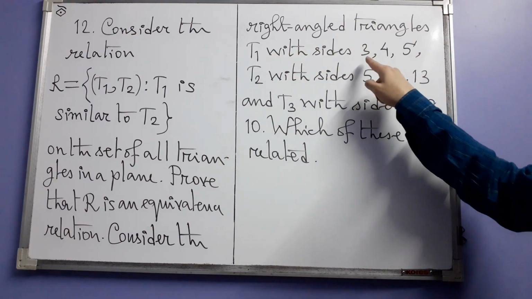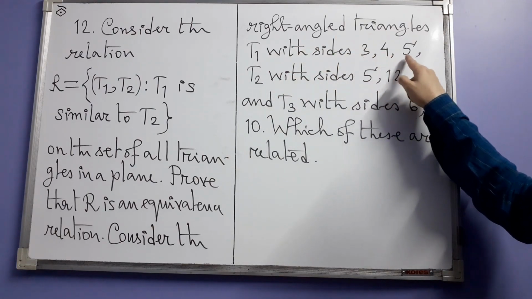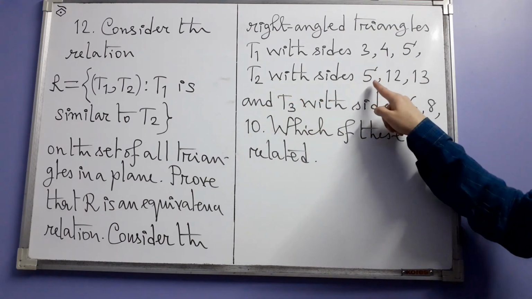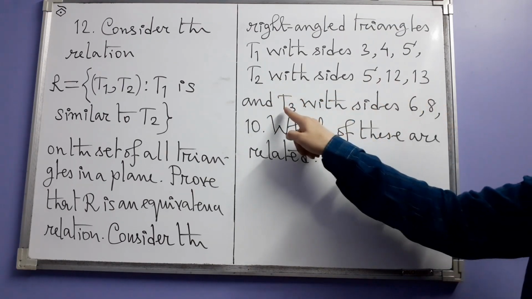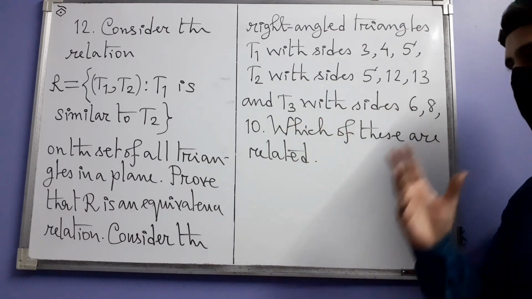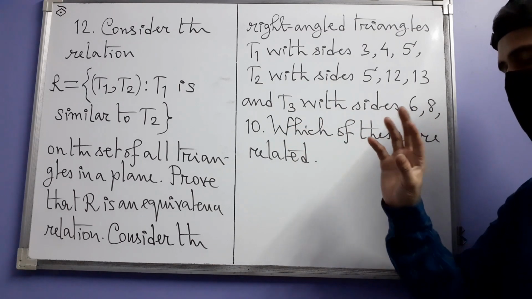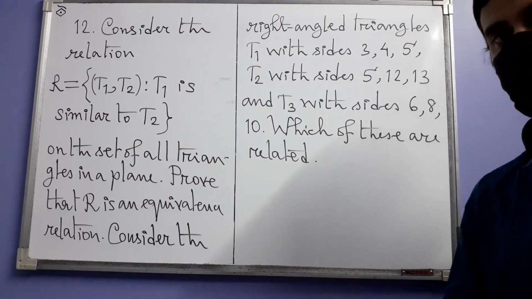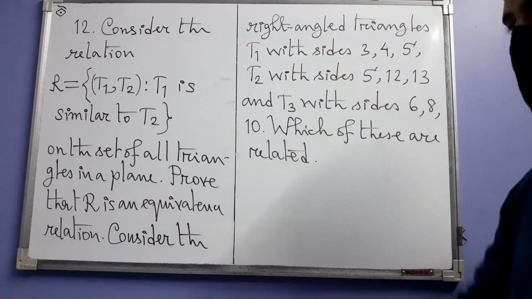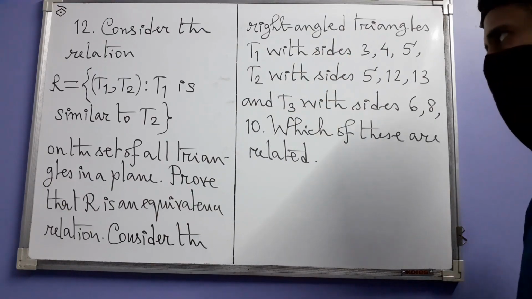T1, which has side lengths 3, 4 and 5. T2 is another triangle with side lengths 5, 12 and 13, and T3 has side lengths 6, 8 and 10. From this we have to decide which of these three are related to one another. So, we are going to solve this second part. So, let us see the solution.